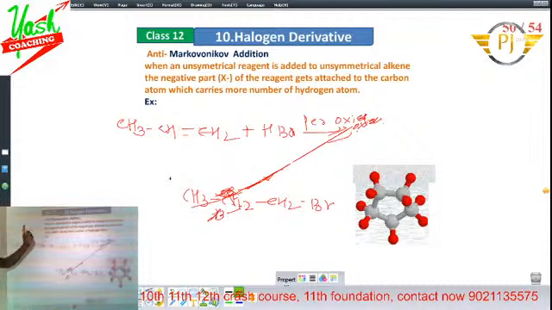Again, the anti-Markovnikov rule says that this rule is shown only by HBr, and in these additions the negative part of the reagent gets added to the carbon atom which carries the more number of hydrogen atoms.